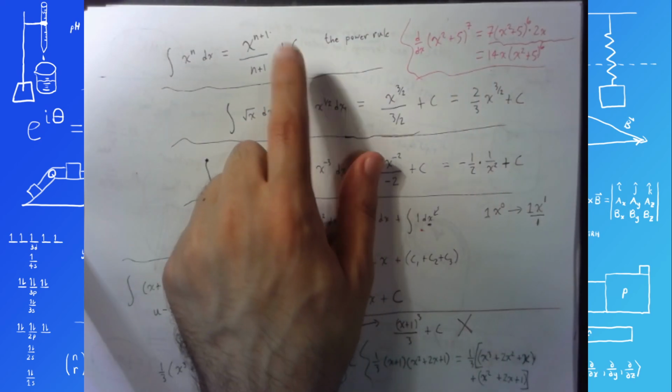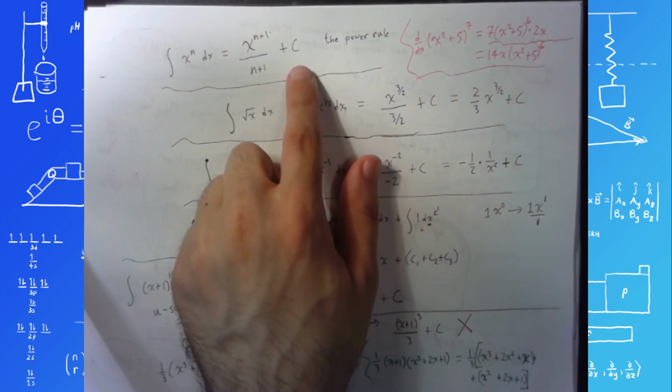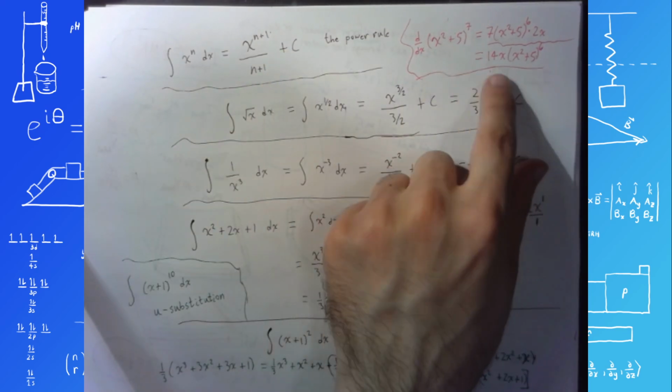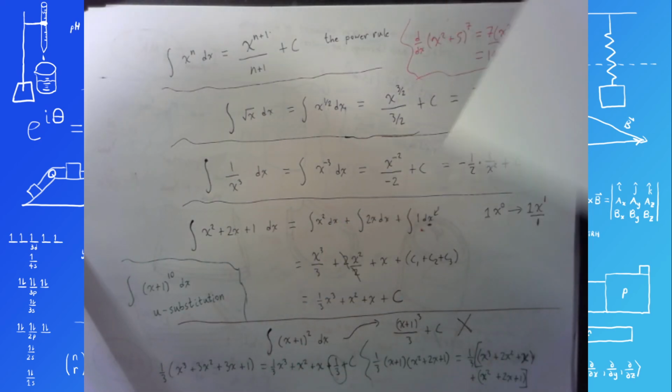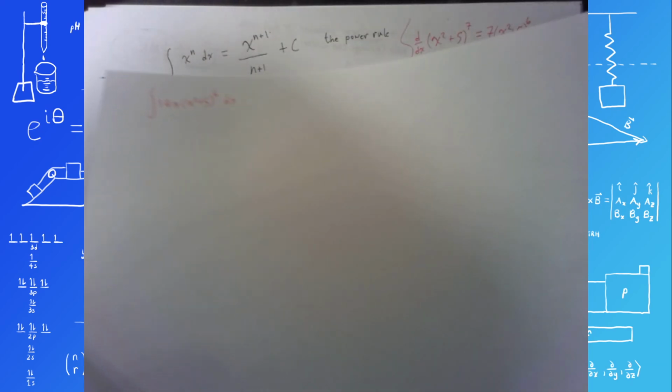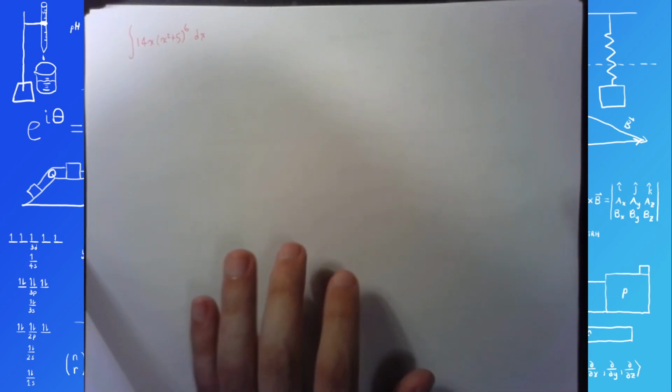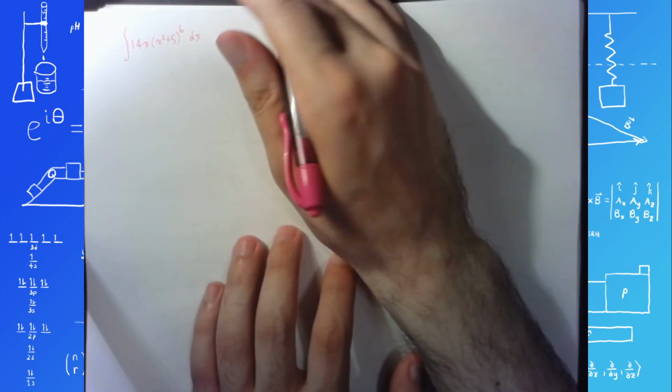Because of this plus c, you've got more than one expression that differentiates to the same value. So differentiation is a one-way process, but integration is, I guess, a multiple-way process, for lack of a better term, because of that plus c.